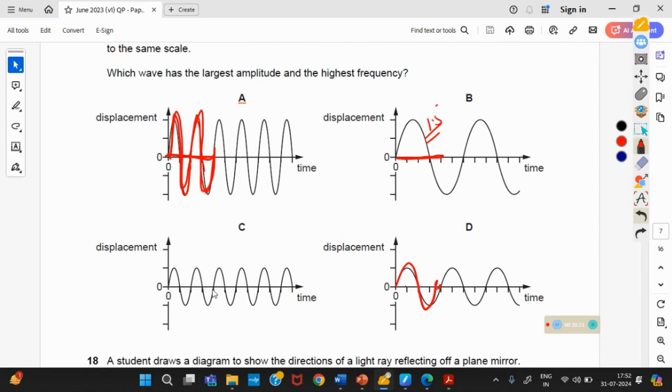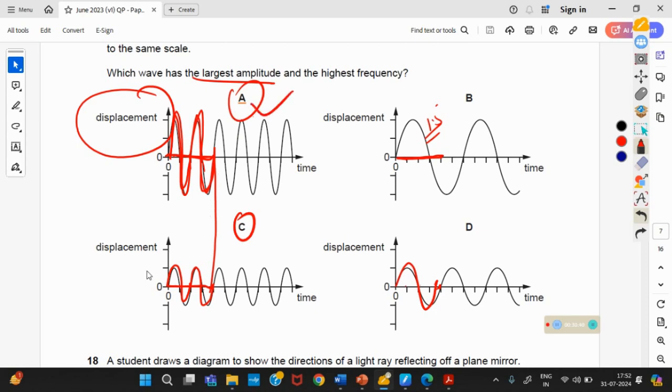So for A and C, the frequency is the same in both cases, but the amplitude is largest in case A. So option A is right.